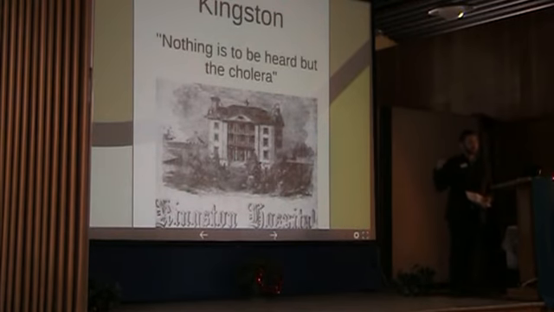Now we have a picture here of KGH. KGH was a project at the time, but because cholera arrived, the plans were stopped because they said, we don't have time to build a whole hospital. We need to quickly build a special hospital for cholera. So it slowed down the work considerably.